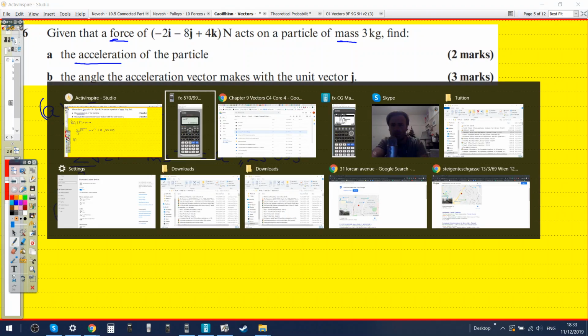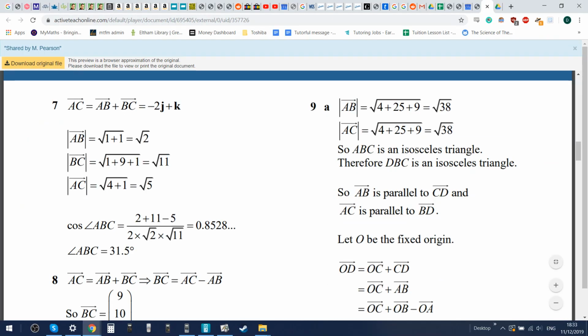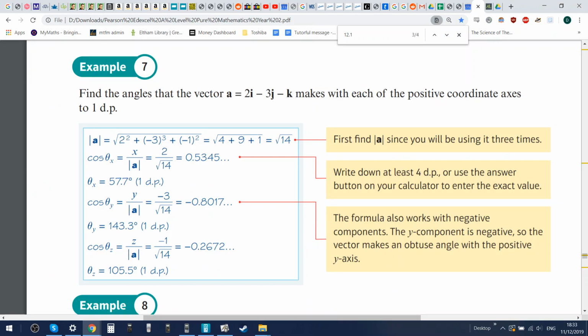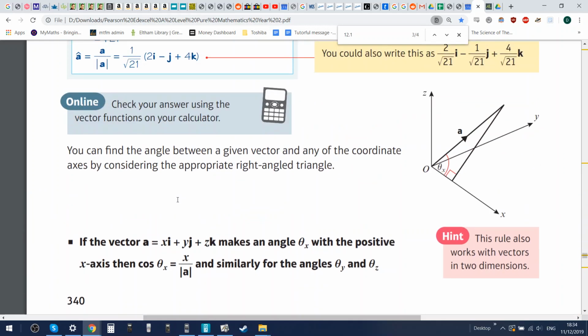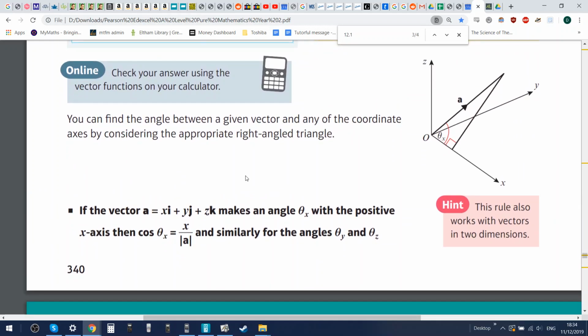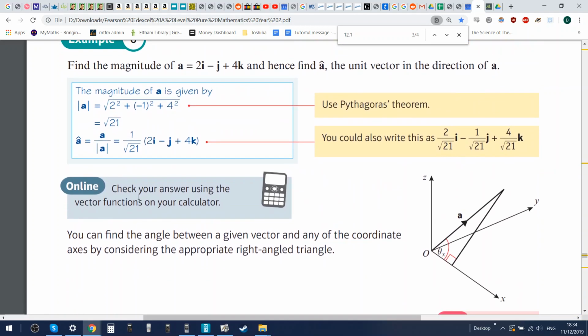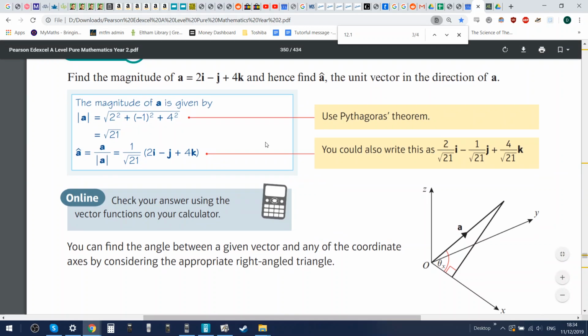I think it's just referring to that one, but this one seems to be the exact one that we had here. Negative components. So this is this angle thing. Find the magnitude and hence the unit vector in the direction of A. Magnitude is that, and then that's A over the magnitude of A.